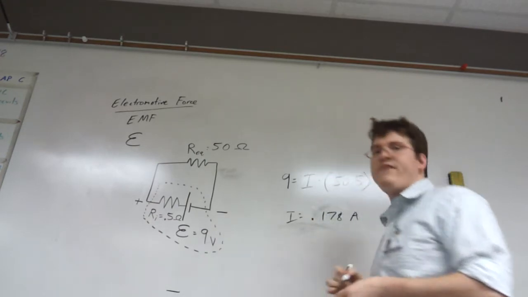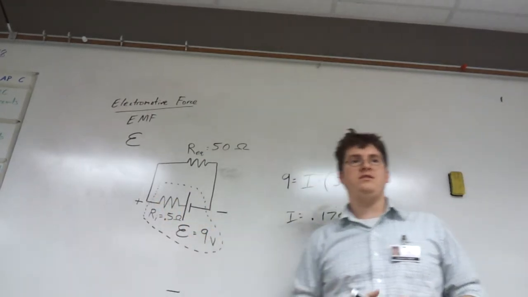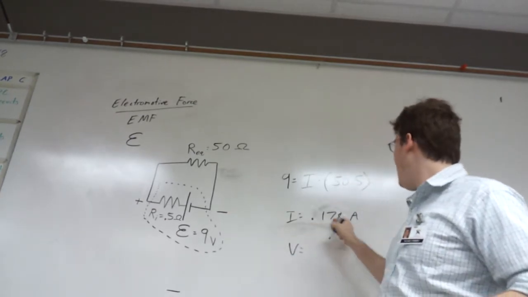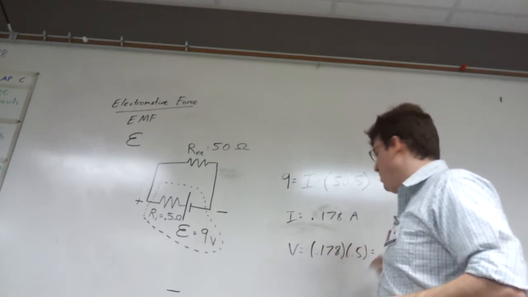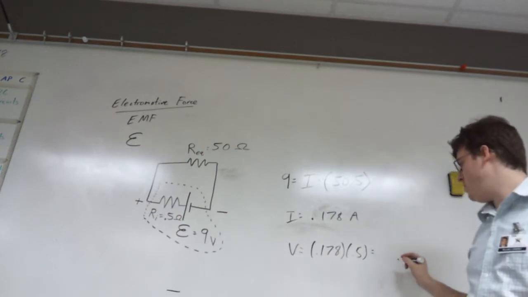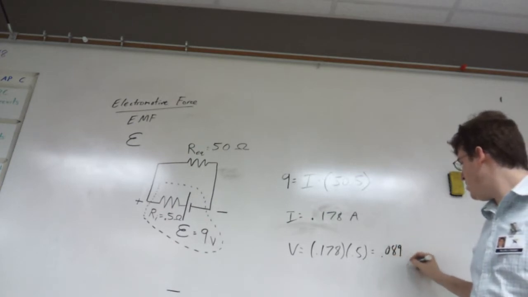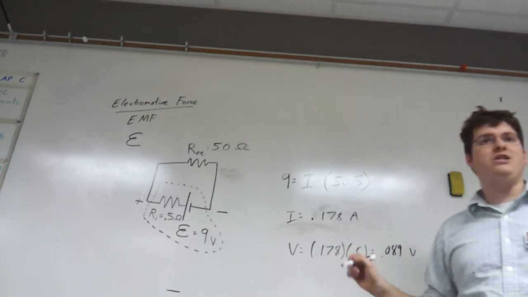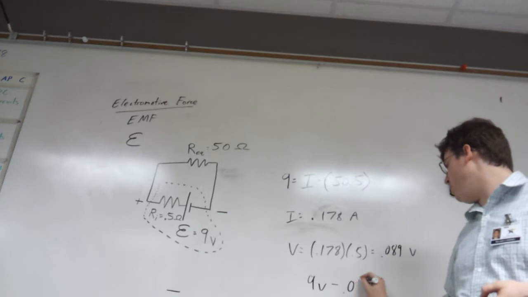Now I'm going to use that current to figure out the potential drop across that resistor. V, the potential drop, equals I, 0.178, times 0.5, the resistance. What is the potential drop? 0.089. So the actual voltage that I will measure across this battery will be 9 volts minus 0.089.